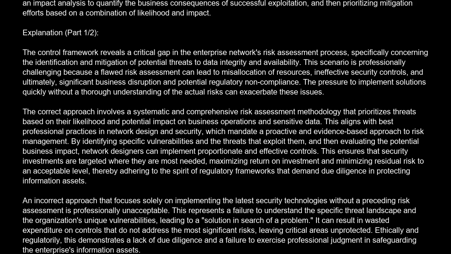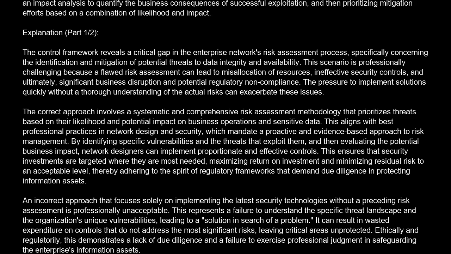By identifying specific vulnerabilities and the threats that exploit them, and then evaluating the potential business impact, network designers can implement proportionate and effective controls. This ensures that security investments are targeted where they are most needed, maximizing return on investment and minimizing residual risk to an acceptable level, thereby adhering to the spirit of regulatory frameworks that demand due diligence in protecting information assets.